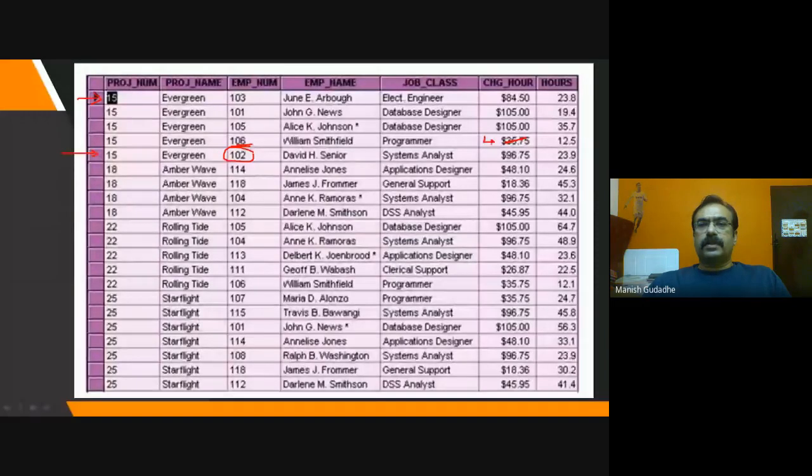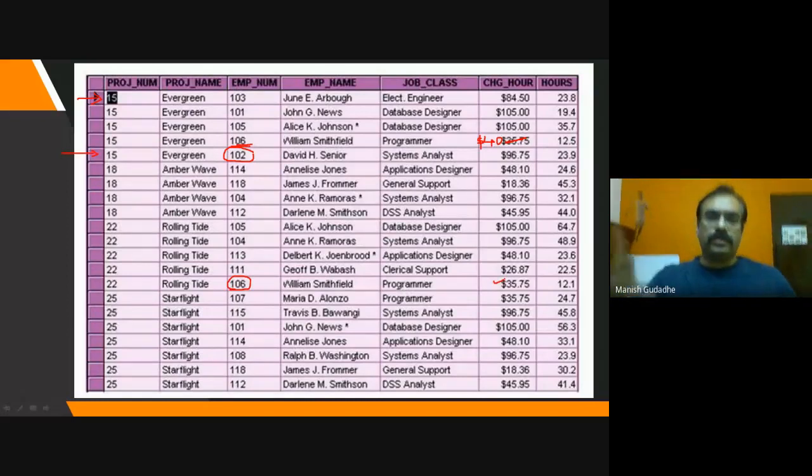This is an update. The rest of the things are not changed. So only one update is not enough. I need to update in all the rows wherever 106 is appearing. I'll have to find 106 here, and make the changes here also. This is the update anomaly. I cannot just leave the database by making only one change.